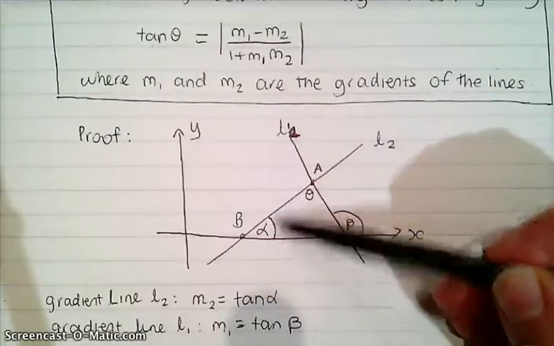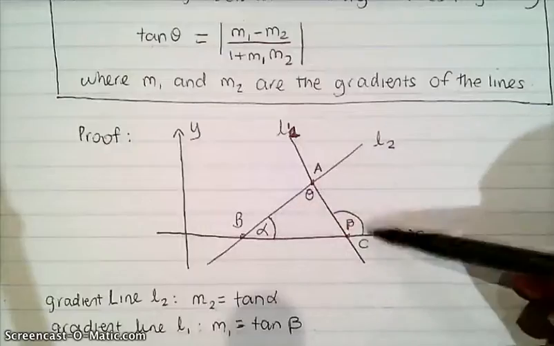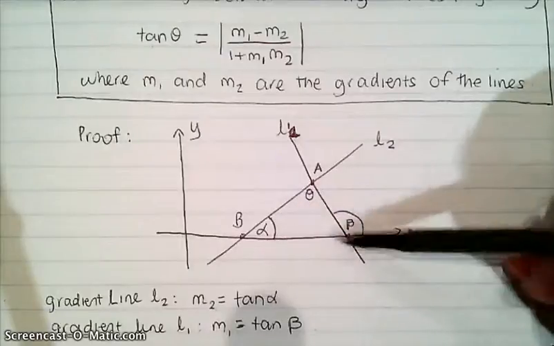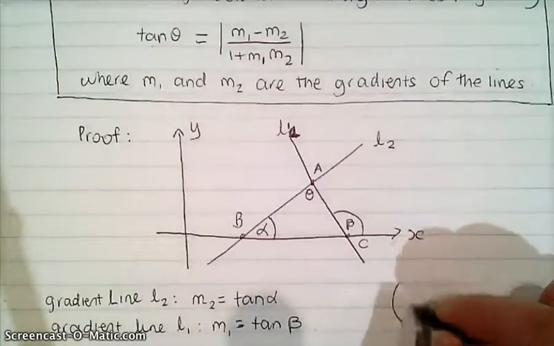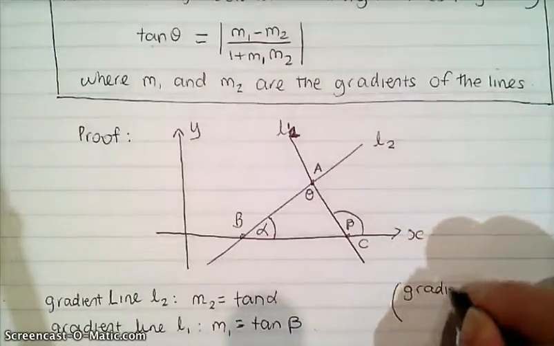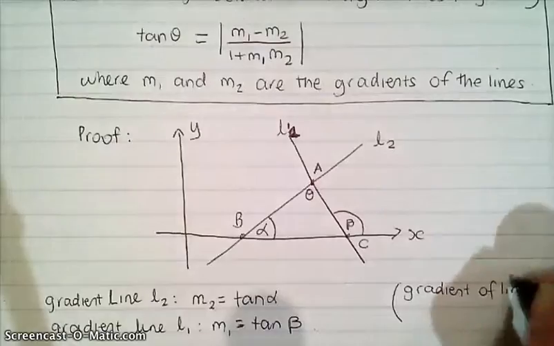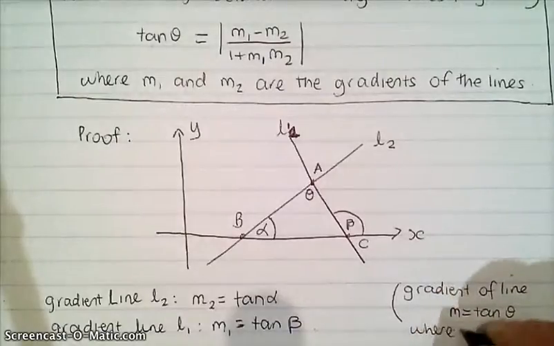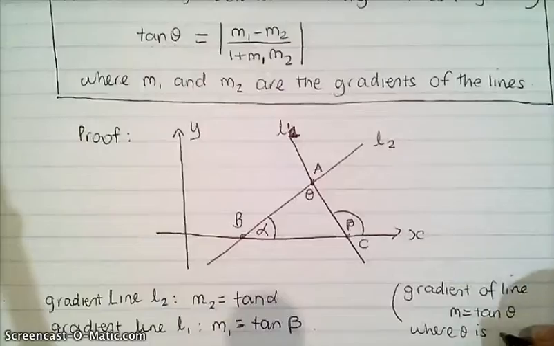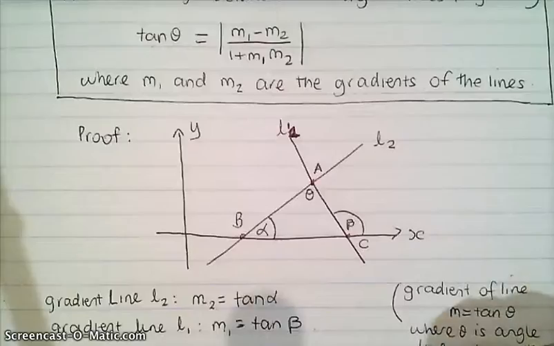But tan alpha is the gradient of line L2 and tan beta is the gradient of line L1, remembering the formula for the gradient of a line is m equals tan theta, where theta is the angle that the line makes with the positive direction of the x-axis.